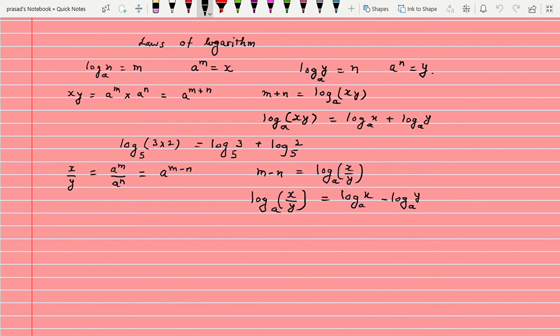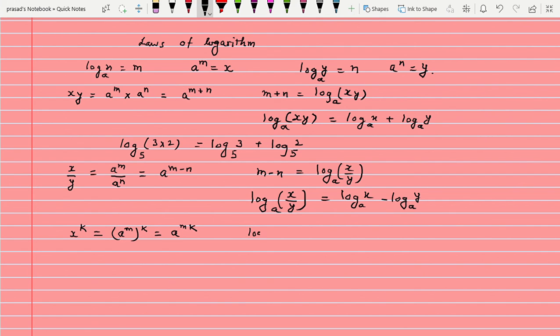Next, consider x to power k. Now, x is a to power m, to power k. So, if I use the laws of indices, a to power m to power k will be a to power m into k. Now let us change this back to the logarithmic form.